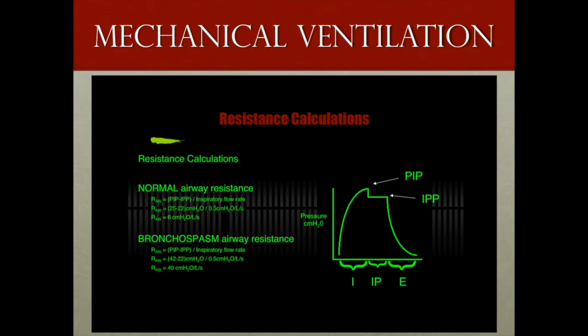We find our airway resistance is 8 centimeters of water per liter per second. In a patient with bronchospasm, if we use all the same numbers, however, we increase our peak inspiratory pressure significantly up to 42, we find that our airway resistance increases to 40 centimeters of water per liter per second.